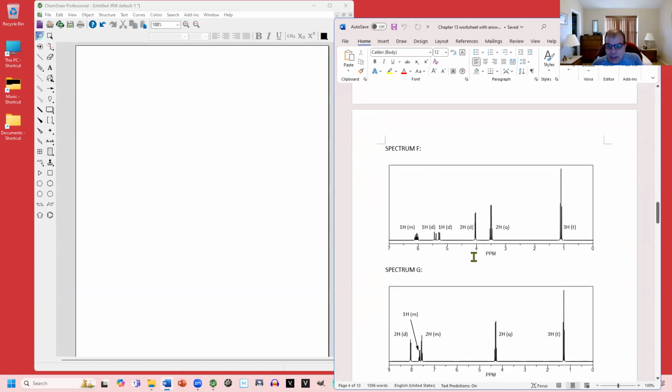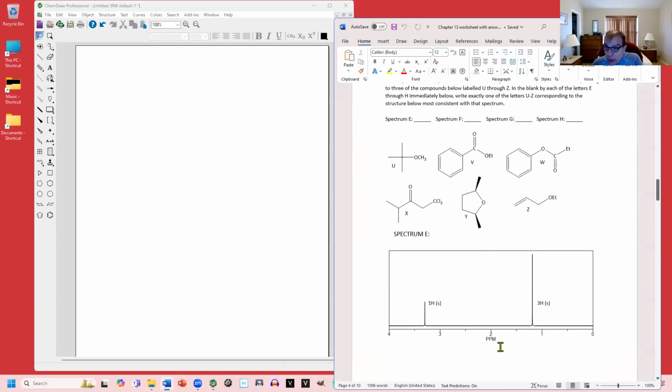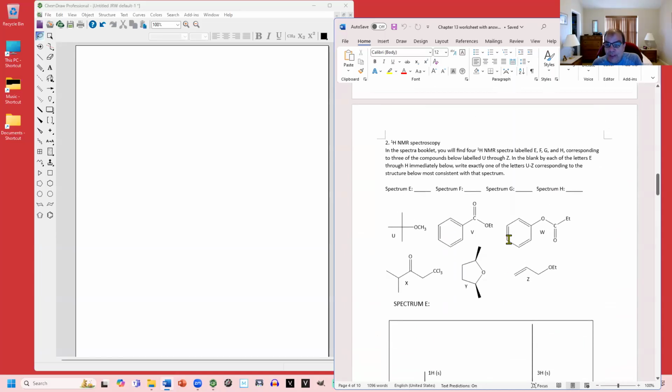Actually, no, spectrum F is not a good comparison. Spectrum F also has an oxygen next to the CH2. So if you had a compound like ethylbenzene, that would be a good spectrum to look up. I expect you'd see that CH2 at more like 2.5 or something like that. But being this far downfield, look at that, it's like 4.3. The CH2 must be attached to the O, must be attached to the oxygen.